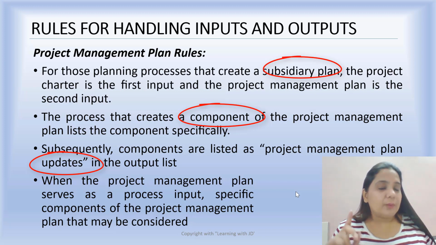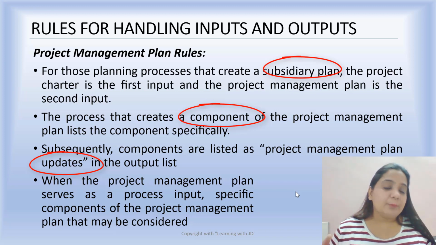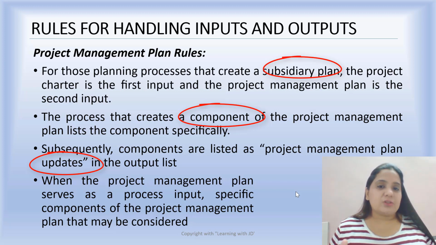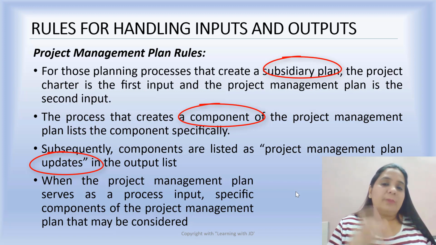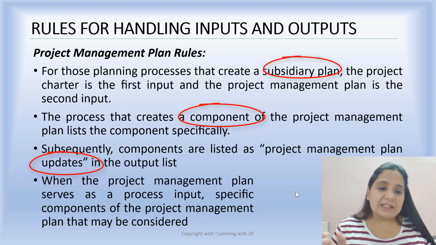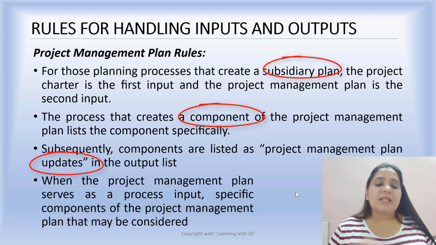This is a very tricky question because while we talk about project documents, whenever it is an input, it is mentioned as project document input, and the name and further explanation of that component is mentioned in the narration. However, when the project management plan serves as a process input, that specific component, assuming the quality management plan or the cost baseline, will be considered instead of the project management plan. Have to keep this in mind.